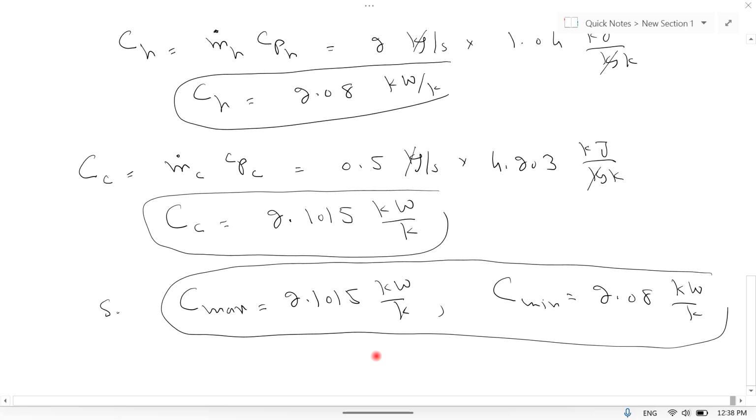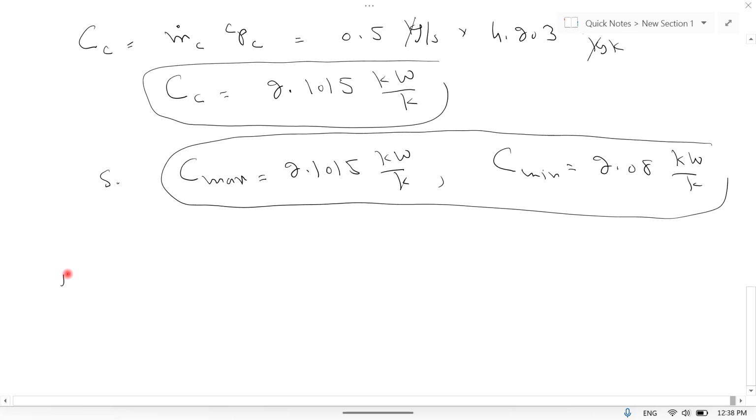Now we can easily find the heat capacity ratio. Heat capacity ratio is denoted by CR, which is equal to C minimum divided by C maximum.